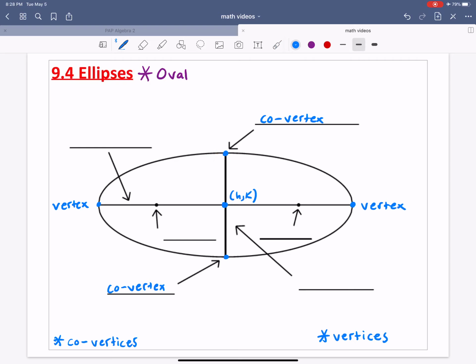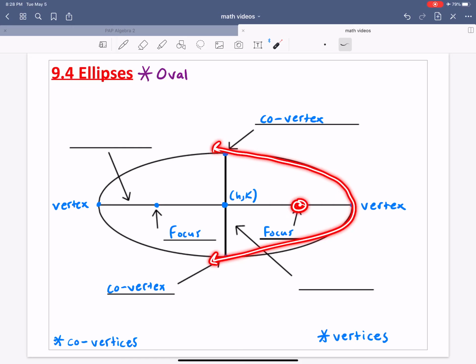Next points that we see here, let's keep going with the points, are these points right here and right here. Those are called focus points. We talked about a focus point when we talked about parabolas a few lessons ago, okay? And if you think about this one half as a parabola, you can see that the focus is on the inside.